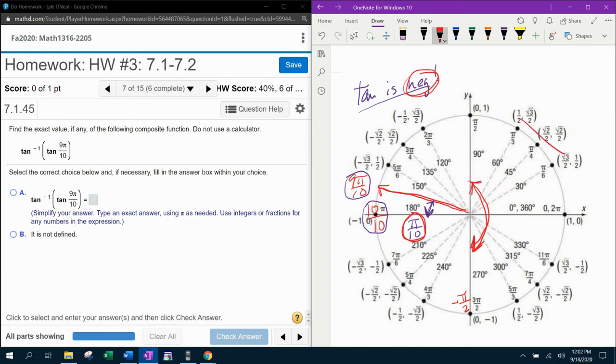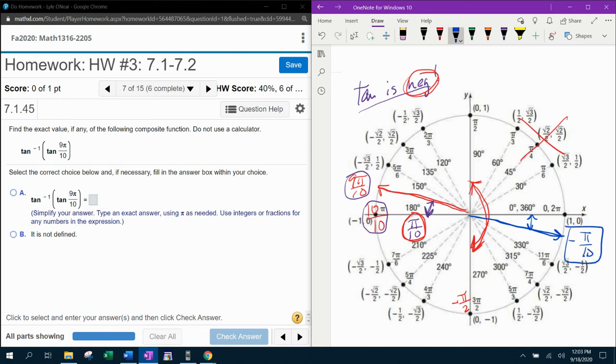And so we know that the first quadrant is out because in the first quadrant, tangent is positive. And so that's going to restrict us then to the fourth quadrant, and our angle in the fourth quadrant that has the same reference angle, that is going to be negative pi over 10.